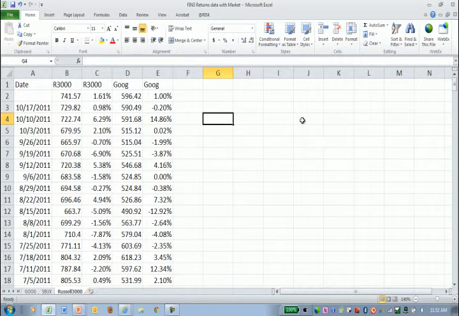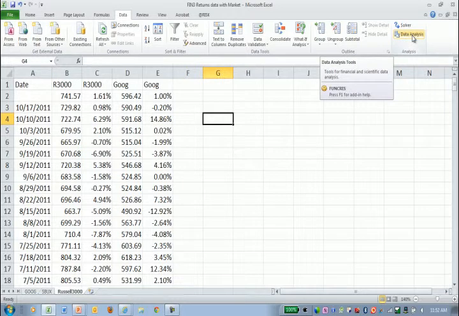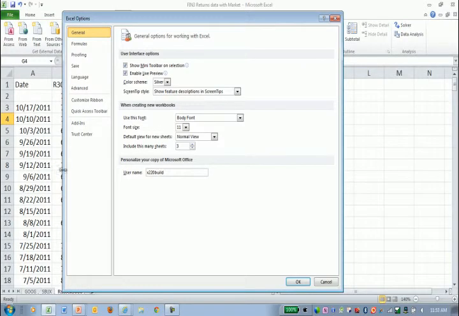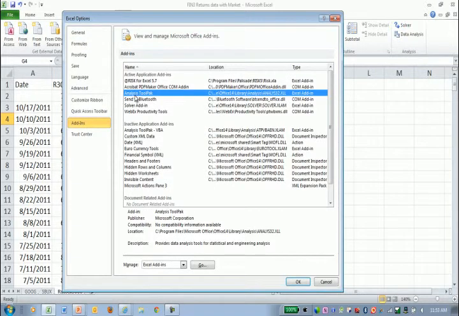In this case, some of you might already have it: if you click on Data, you might see Data Analysis as a menu option. If you do, fine. If you don't, know that, and this is the other reason why I'm recording this, because you might not have that tool pack in there and you'll have to go fetch it. Under File, Options, Add-ins, you can see it as a choice that you have to load in.